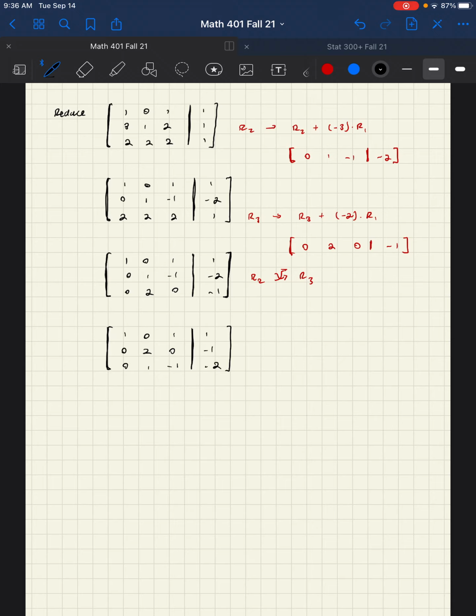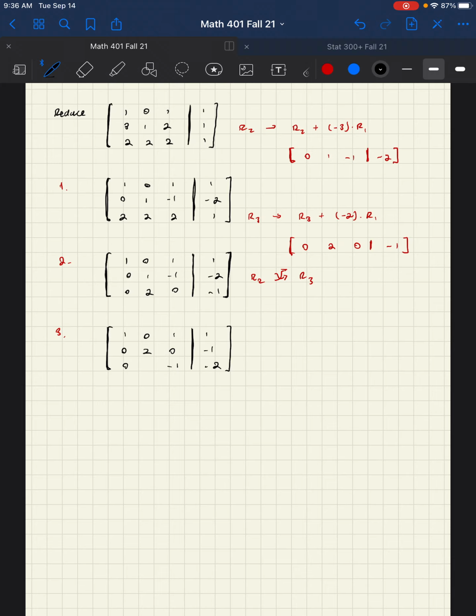But this is important because now we're going to use that row 2 to eliminate this 1 right here, okay? So how do we do that? By the way, this is the original, right? Here's step 1, here's step 2, here's step 3.